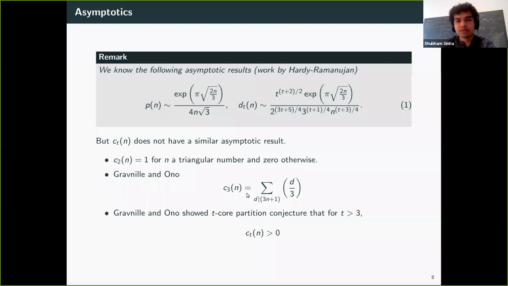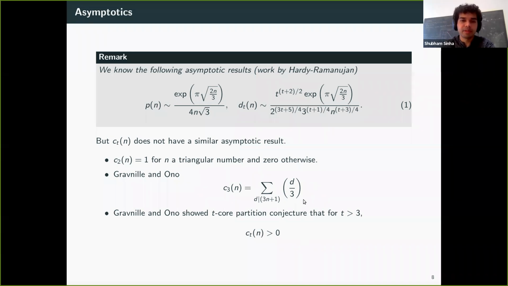Granville and Ono showed there are a bunch of identities, but I'll just talk about C3(n). It is a certain sum of the D3, where the symbol is the Jacobi symbol from number theory. They also showed, which was a conjecture from a while back, I think in the 90s, that for t greater than 3 this is positive.